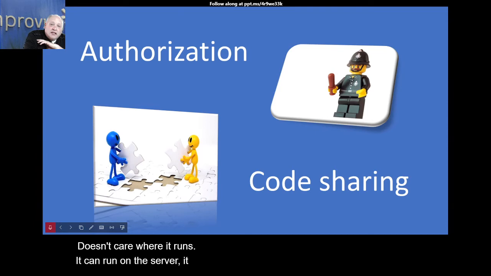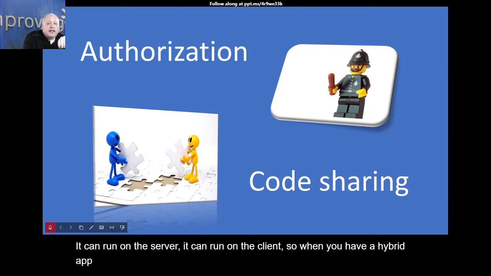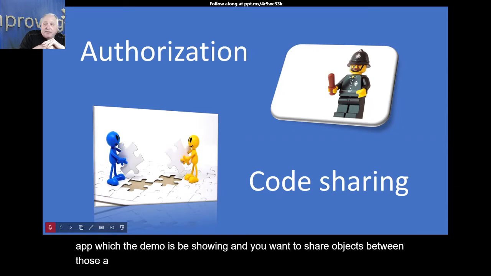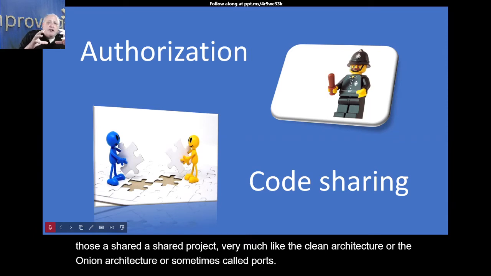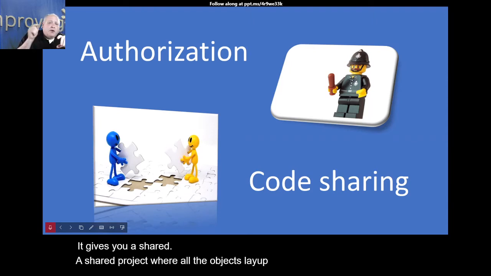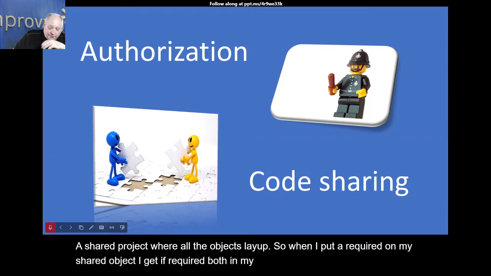So when you have a hybrid app, which the demo will be showing, and you want to share objects between those, a shared project, very much like the clean architecture or the onion architecture, or sometimes called ports, gives you a shared project where all your objects live. So when I put a required on my shared object, I get a required both in my server and my client. Because you're like, well, I don't need to check it on my client because my server's checking it.